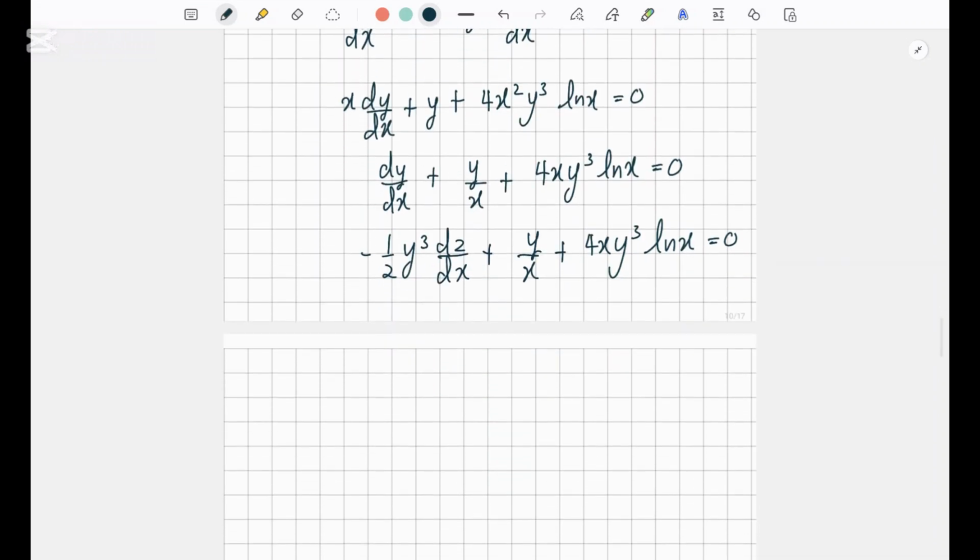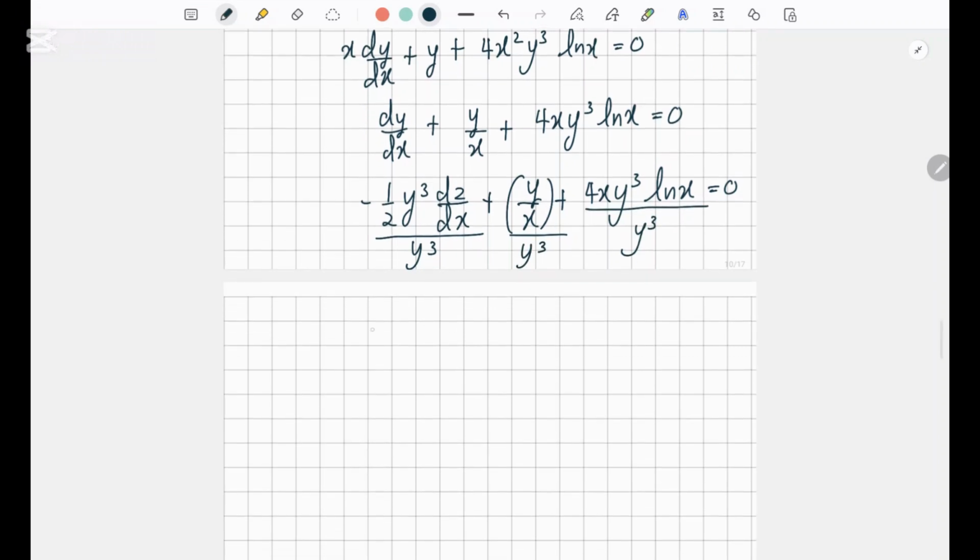Okay, so let's divide every term by y to the power 3. Okay, now we have minus half dz over dx plus 1 over x into y squared plus 4x ln x, right, equals 0.